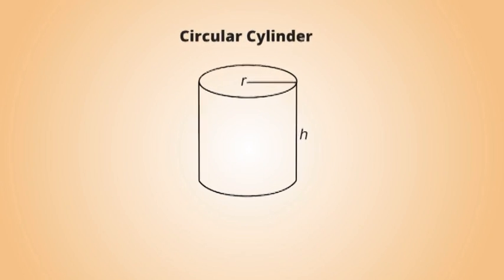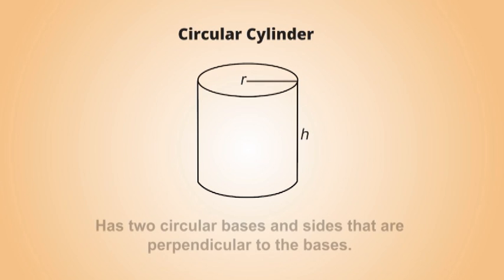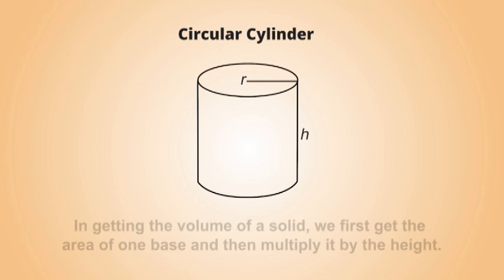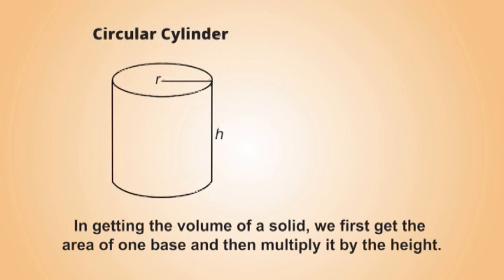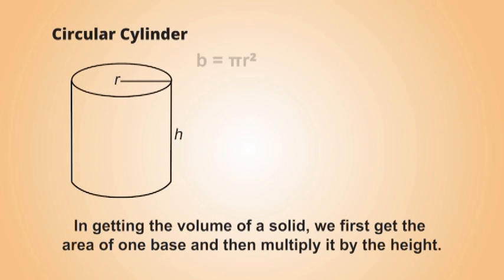A circular cylinder is a spatial figure that has 2 circular bases and sides which are perpendicular to the bases. Refer to the figure here. Recall that in getting the volume of a solid, we first get the area of one base and then multiply it by the height. And since in the case of a circular cylinder, we have a circular base, we get the area of the base using the formula B is equal to pi r squared.